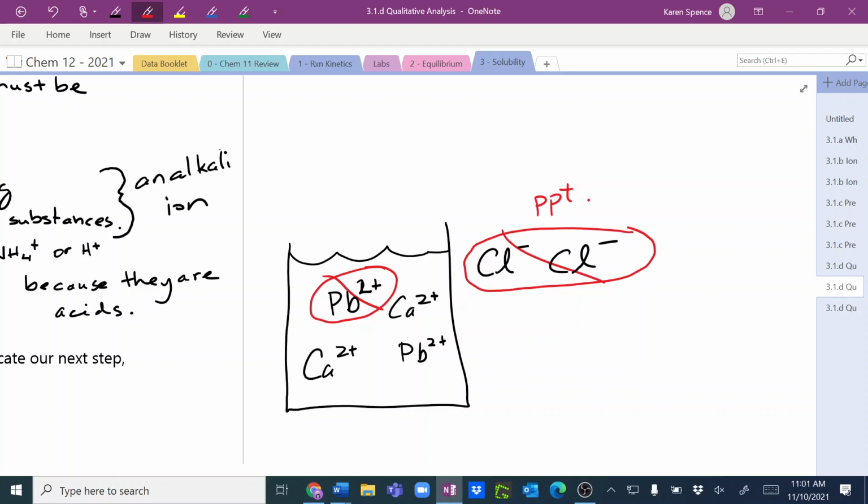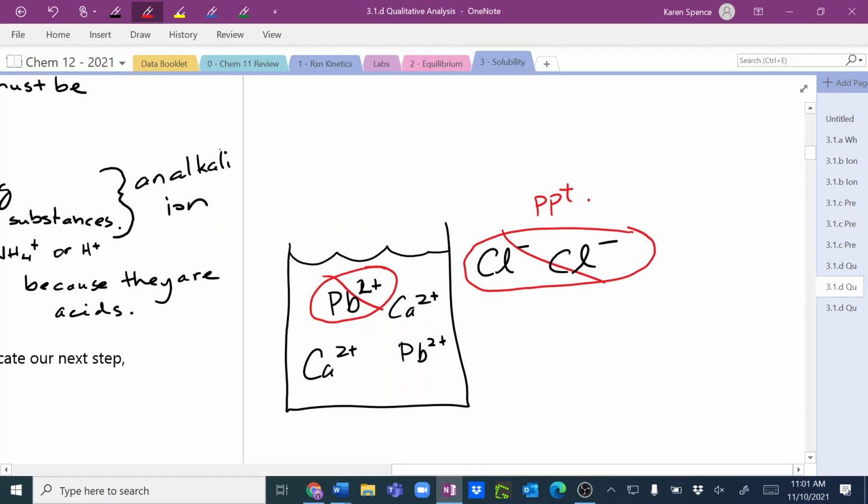So if we only add 2 chlorides, and I need more than that to get rid of all the lead, now let's say I'm adding the next anion, what's going to happen? I'm going to see a precipitate even if I don't have calcium because the lead will precipitate. Does that make sense?